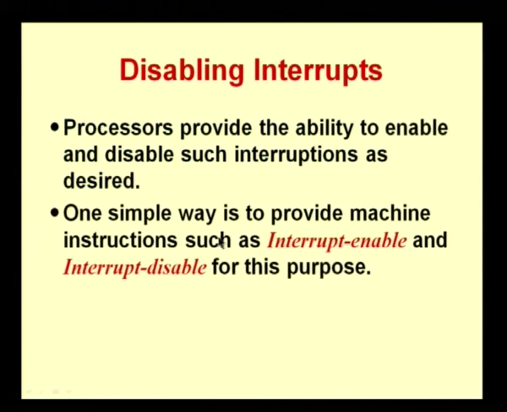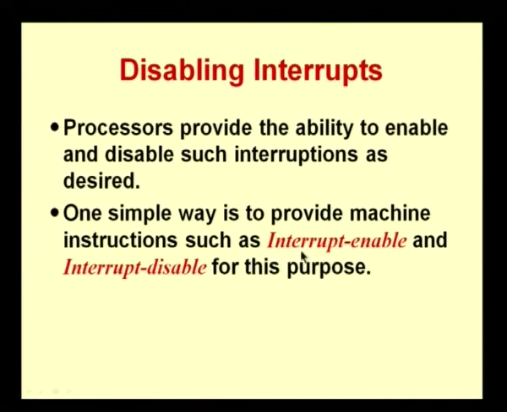So, how do you do this disabling of interrupts? Normally, there are some simple machine instructions provided called interrupt enable and interrupt disable. Using these instructions, you can enable and disable the interrupts. Now, this may be done by means of separate instructions, or it may be handled with the help of certain bits which are provided on the device, which is called an interrupt enable bit.